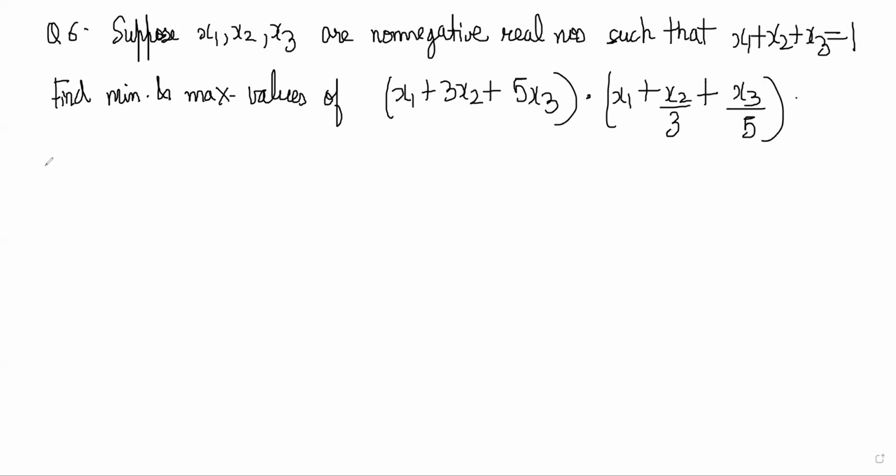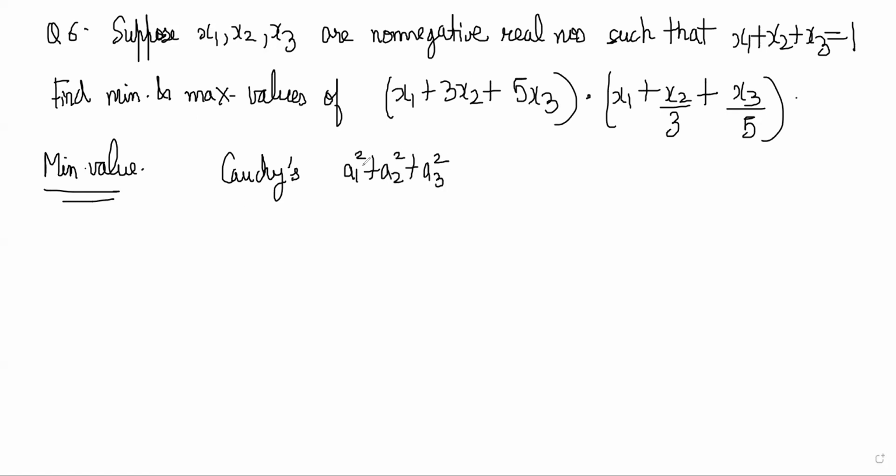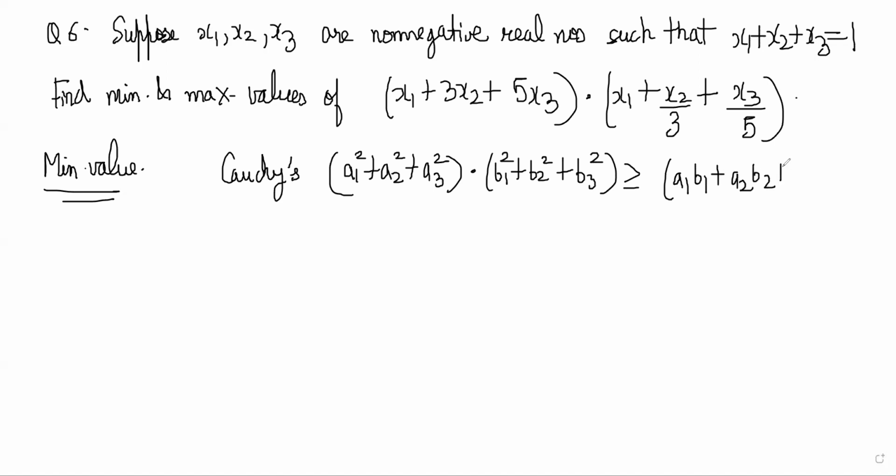So first we'll handle the minimum case, the minimum value of this expression, right? Now think about Cauchy's inequality. Cauchy's inequality says that a1 square plus a2 square plus a3 square multiplied by b1 square plus b2 square plus b3 square is greater than or equal to the product of a1 b1 plus a2 b2 plus a3 b3 whole square.